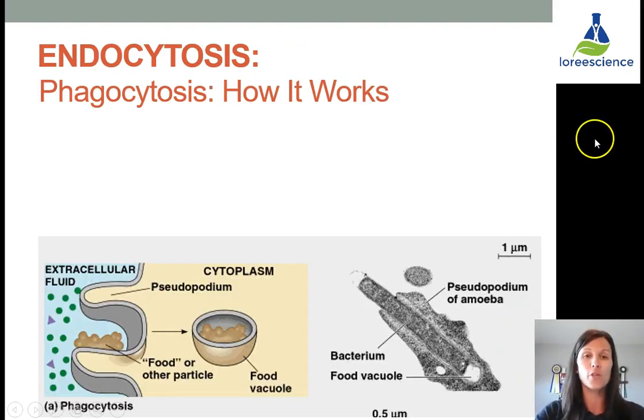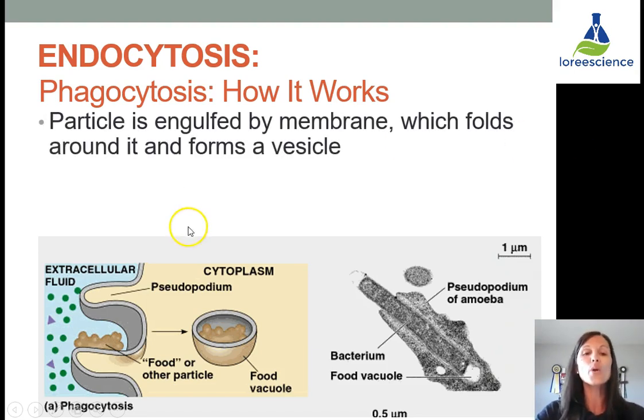The first type of bulk transport is phagocytosis. So how does it work? A particle is engulfed by the membrane. So here's the food particle that is desired by the cell. The membrane literally comes out and engulfs it. It meets together forming a vesicle, and that vesicle will travel inside the cell.